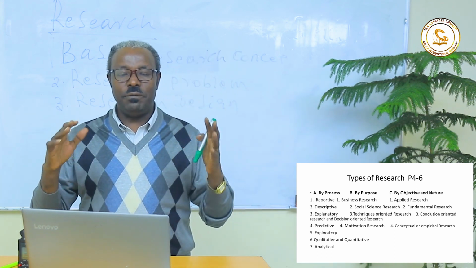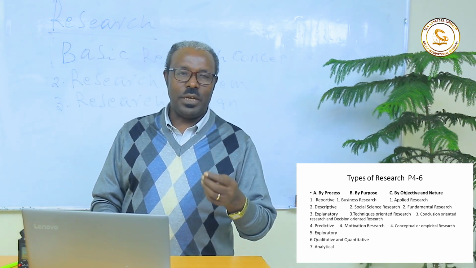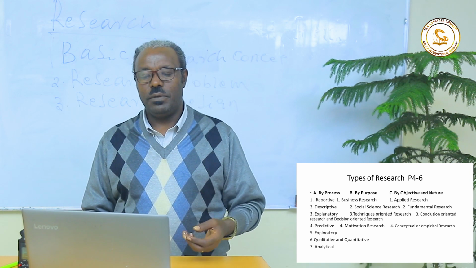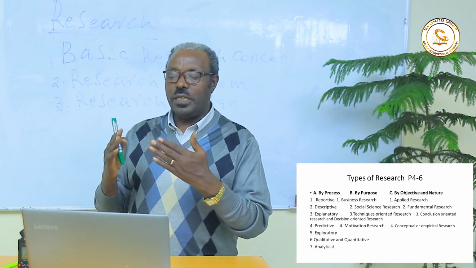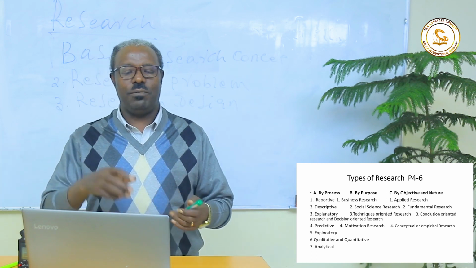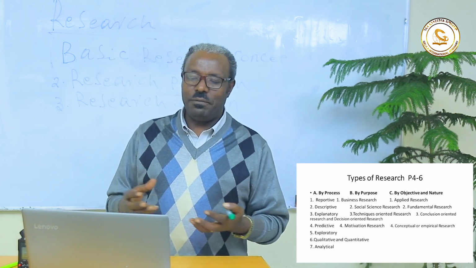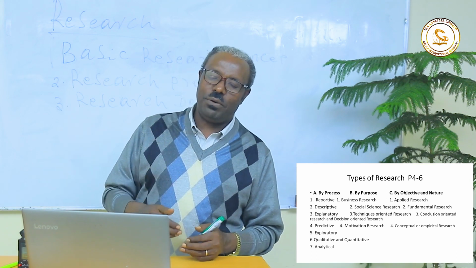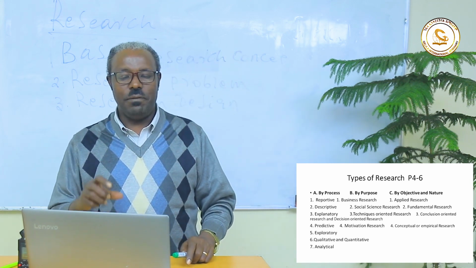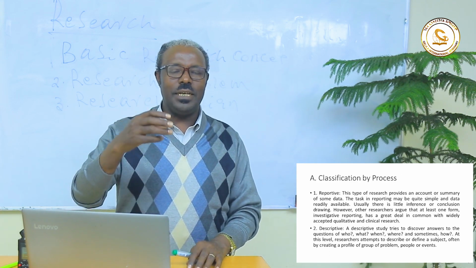When we see classification of research by process, it is reportive. This means the research provides an account or summary of some data. The first one is reportive, just summarizing some data.